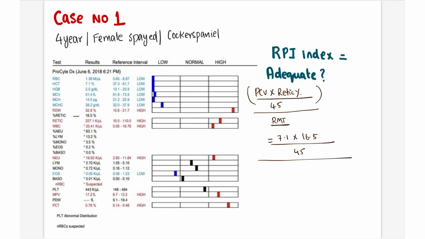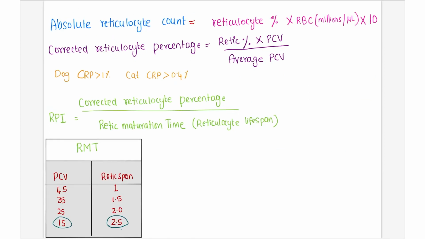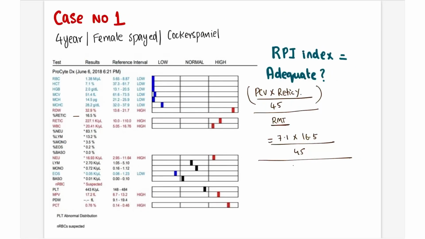According to the previous table, if the PCV is less than 15, then the RMT correction factor is 2.5. So everything should be divided by 2.5. So 7.1 multiplied by 16.5 divided by 45, and everything divided by 2.5, the result is 1.04. So the RPI is only 1.04.